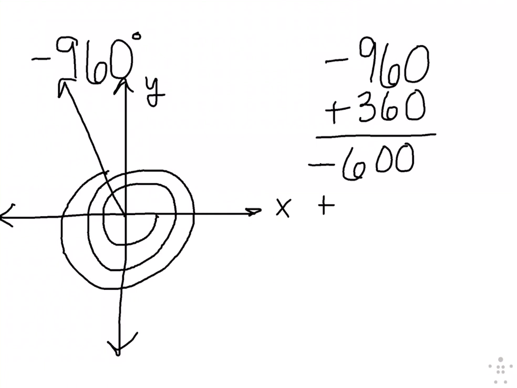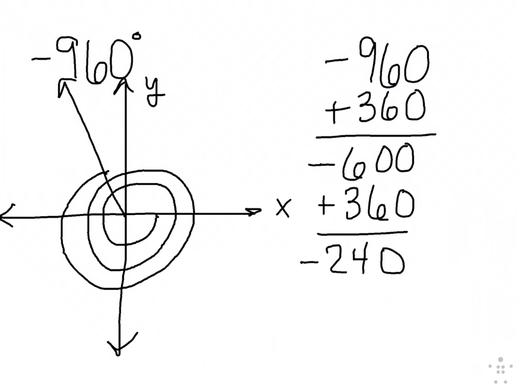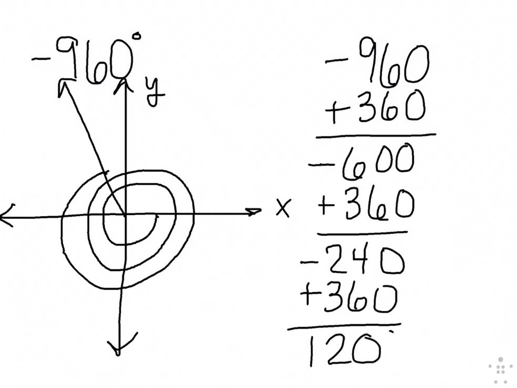If I add another 360 to it, what's negative 600 plus 360? Negative 240. Is that positive yet? Nope. If I add 360 again, what do I get? Positive 120. I found my first positive answer.